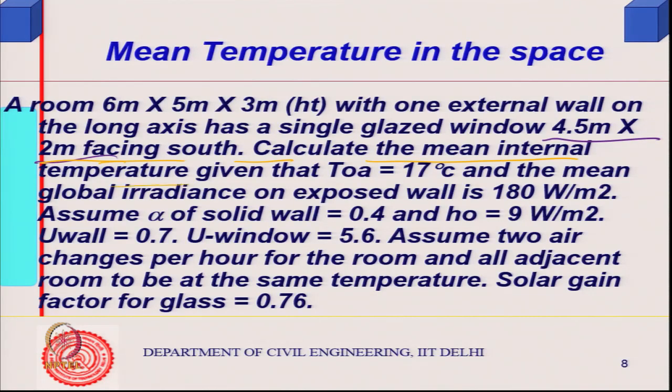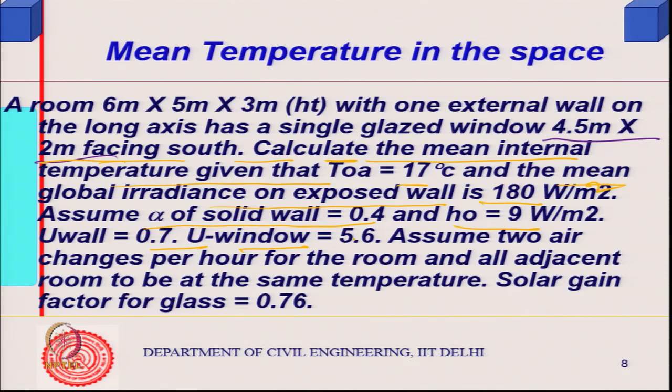Calculate the mean internal temperature given that TOA bar is 17 degrees and the mean global irradiance on the exposed wall is 180 watt per meter square. Assume alpha for the solid wall is 9, HO is 9, U is 0.7, and U of the window is 5.6.